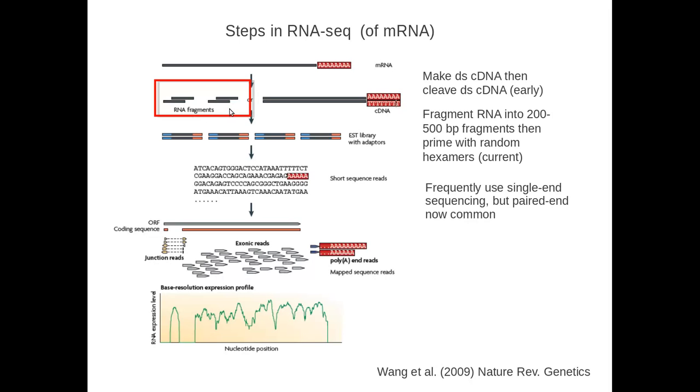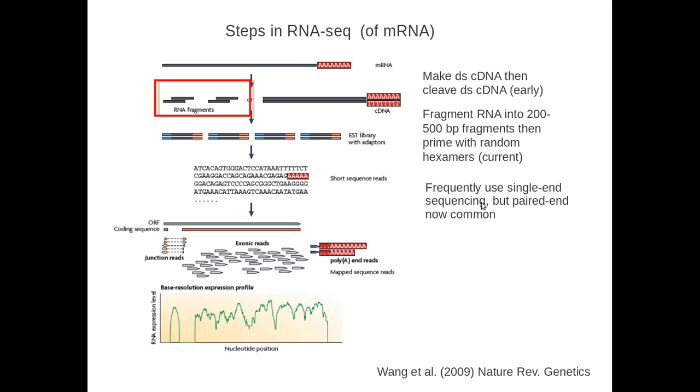As I'll show you in a minute, there are some biases in doing it the other way, where you first make the cDNA, then fragment the cDNA. So what we tend to do is fragment the RNA first. We make our cDNA from these small RNA fragments using these random hexamers to prime the synthesis of cDNA. We then attach the library adapters to the ends of these cDNA molecules, and then we go forward with sequencing.